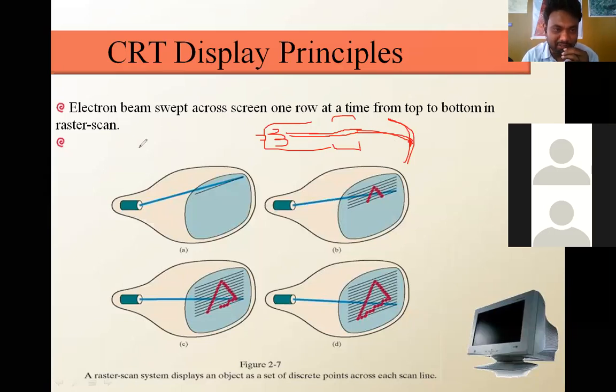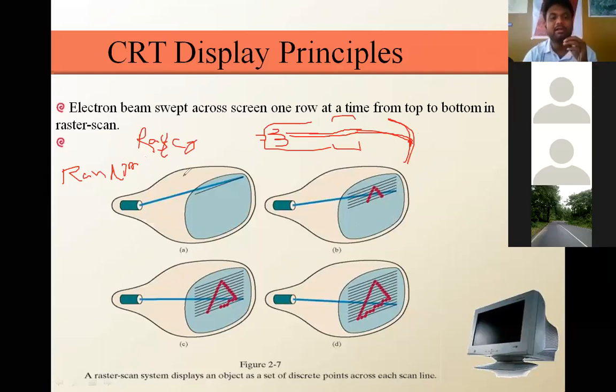The first type is the raster scan type, and the second one is the random scan type. Now we are going to discuss the raster scan type.